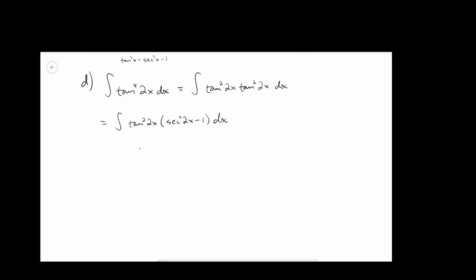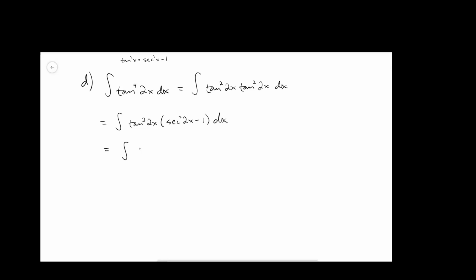If you just have an integral by itself of a sine or of a cosine, we know those are very simple. What other trig functions would we like to see by themselves as an integral? Well, how about secant squared by itself? Probably, because what's the antiderivative of secant squared? That's just tangent, right? And so if we see a secant squared just by itself, or we can get it so that it's just a single integral by itself, that's useful to us. So let's see if we can make use of that here. I'm not sure if we can, but let's see what happens.